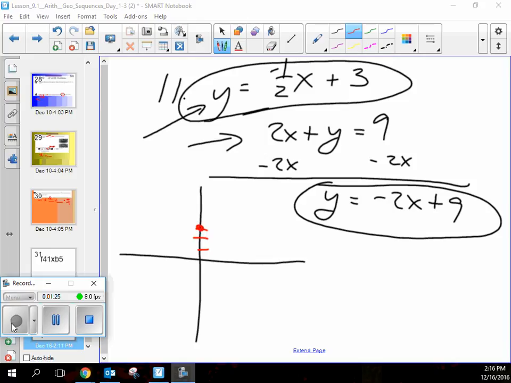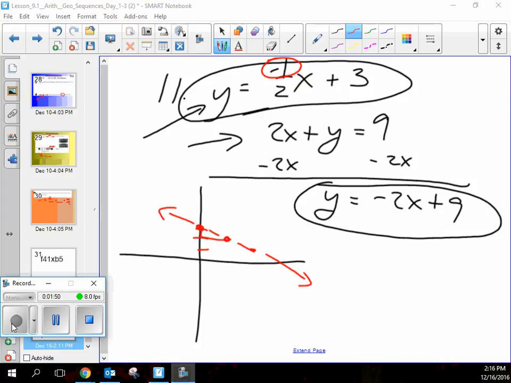Now tell me where to go from there. Down 1 and over 2. Excellent. And put a dot there. Boom, right? All you really need is 2, but ideally, I've told you it's best to have 3. So you go down 1 and over 2 again, and then you can draw a line through it. There we go. You graphed the first one.